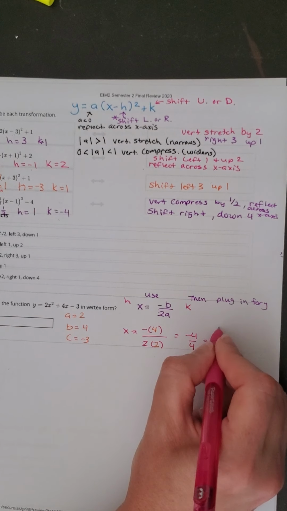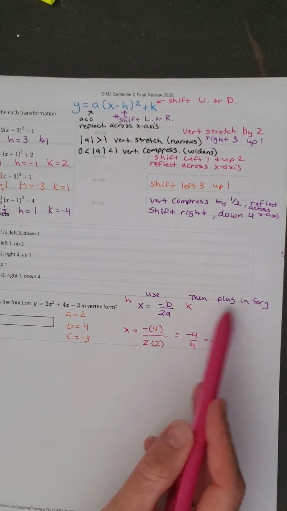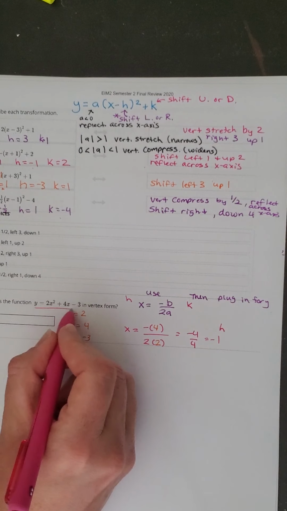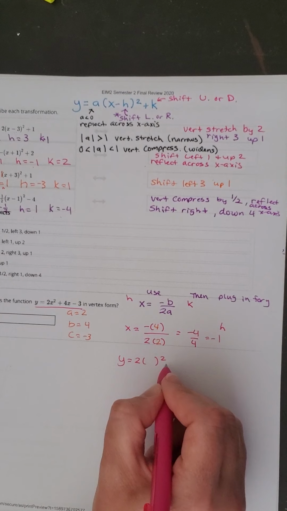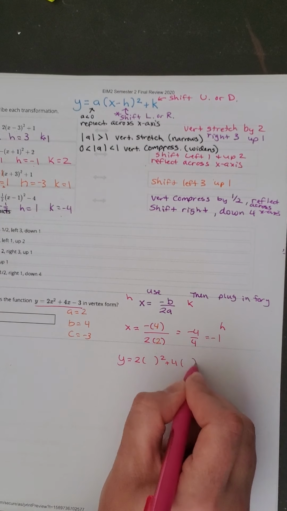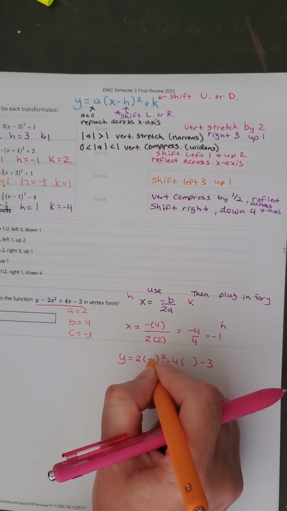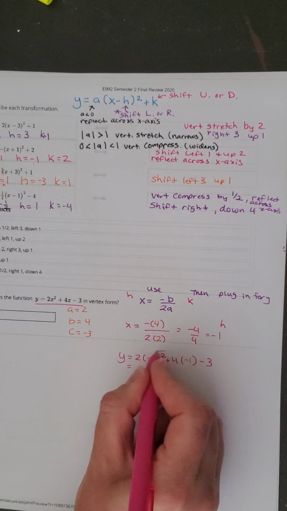So this is my h value. After I find h, I'm going to substitute it back in to find the k value, or y. Substitute it into your original equation. Y equals 2x squared plus 4x minus 3. And the value I'm substituting in for x is negative 1. And we always square first.